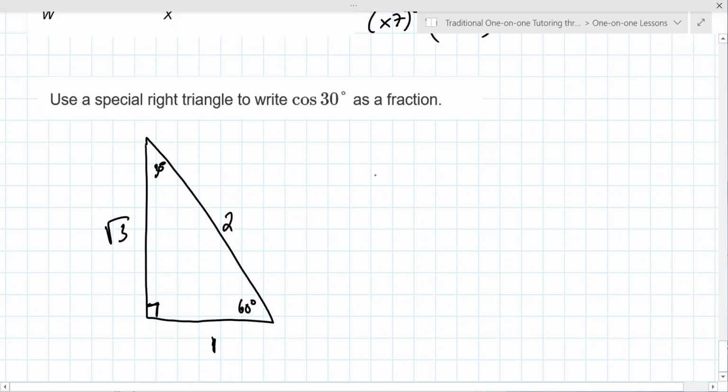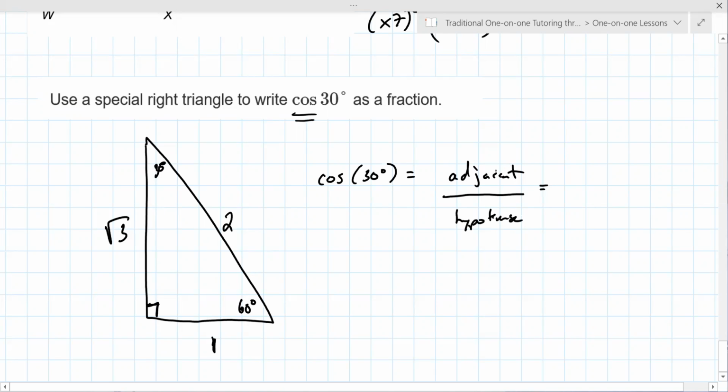So there are a number of trig functions that you're going to learn about. Cosine of an angle, in this case 30 degrees, is the adjacent leg over the hypotenuse. So here's 30. Do you see how the square root of 3 is adjacent to it?